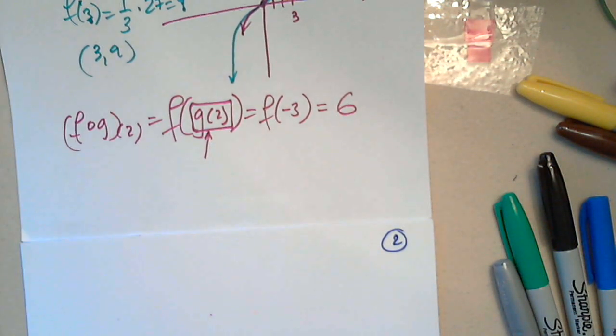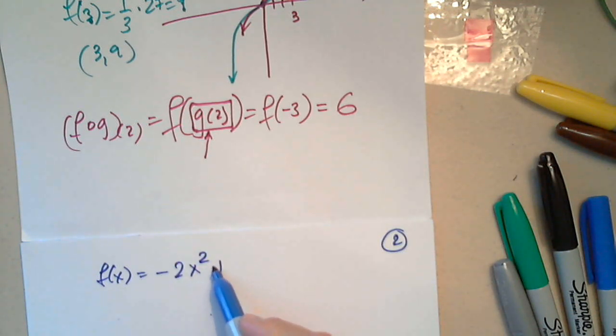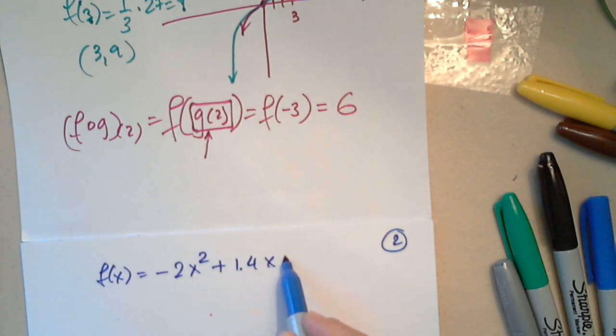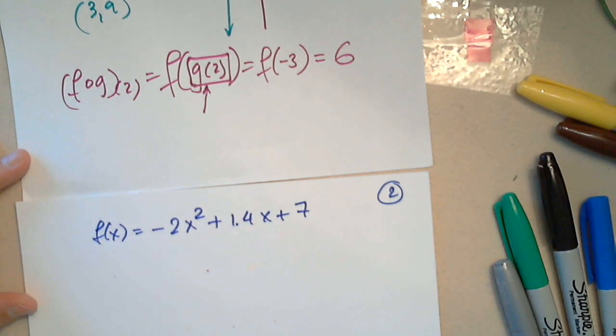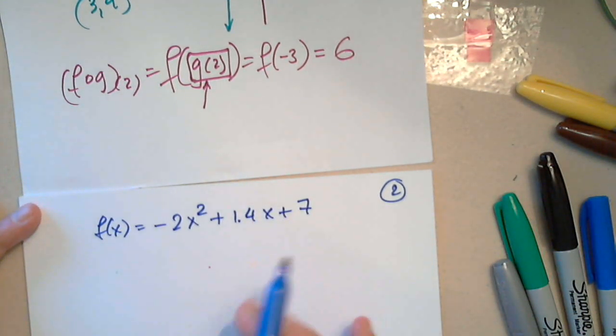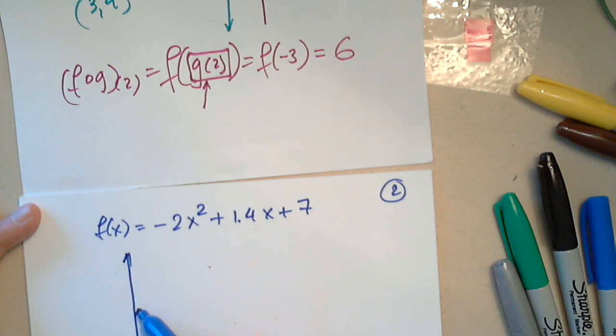One more. Yes, please. This one says a ball is thrown upward and outward from a height of 7 feet. The height of the ball, f of x, in feet can be modeled by f of x equals negative 2x squared plus 1.4x plus 7. We had at least 3 problems like these in class. Obviously this is the situation where throwing the ball, it hits the ground eventually.